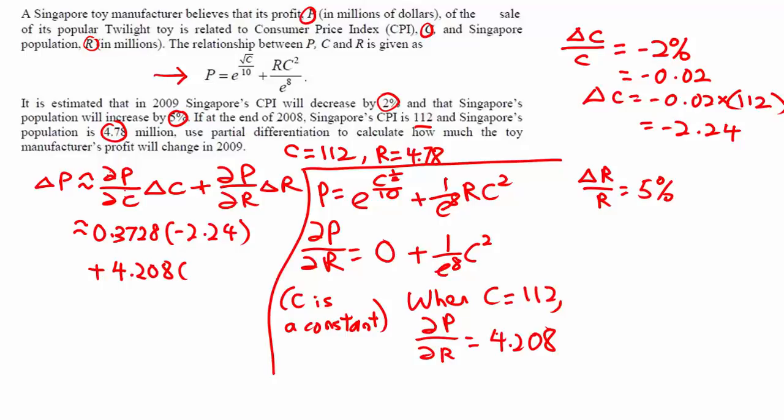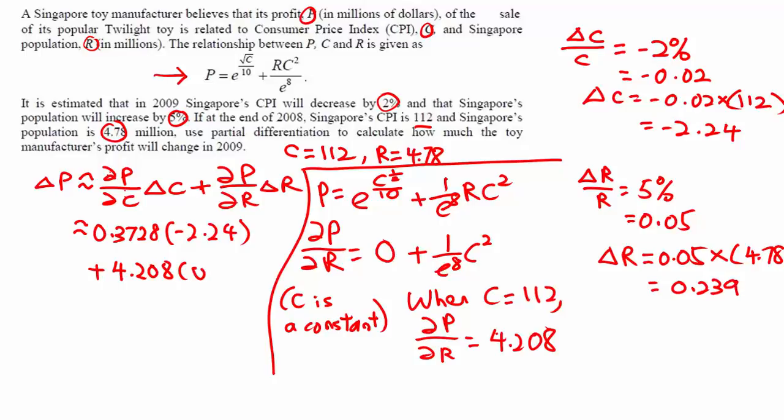Lastly, I need to find delta R, or the change in R. So from here, we know that delta R over R is equal to 5% or 0.05. And delta R will then be equals to 0.05 times R, R being equals to 4.78. And thus, pressing the calculator will give me 0.239.